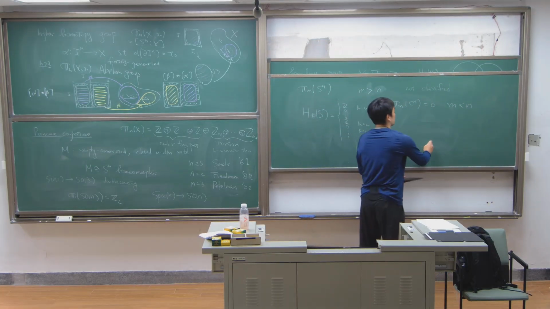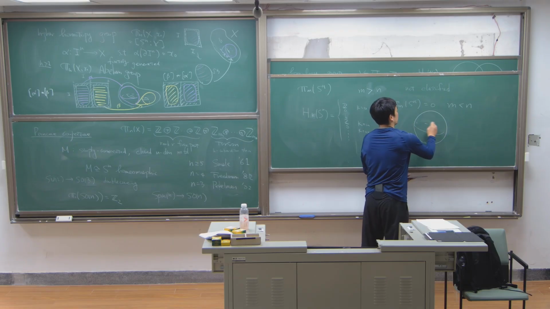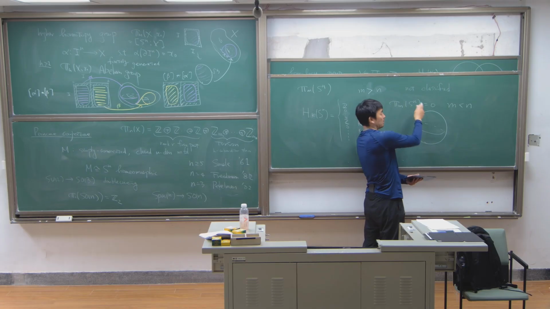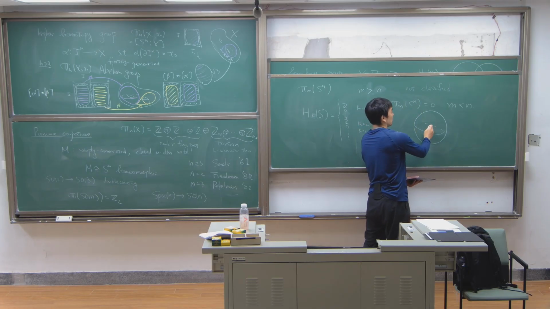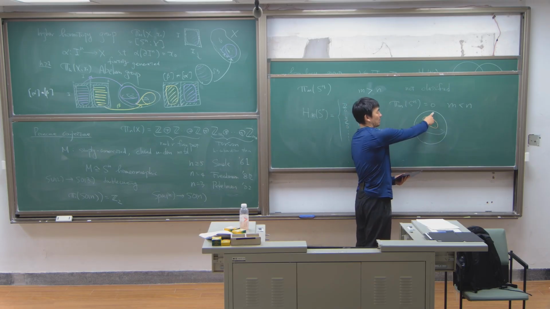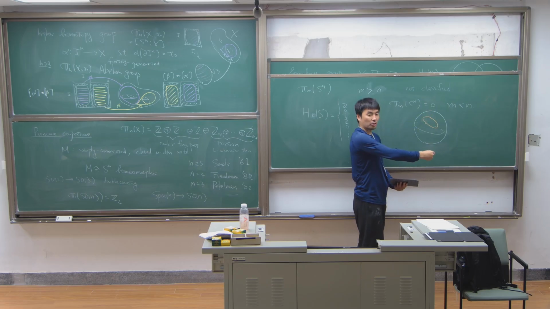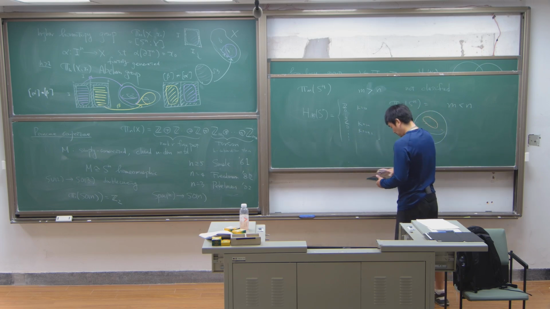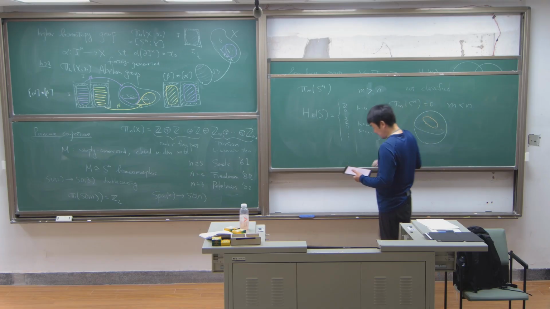If you have an n-dimensional sphere, and m is smaller than n, then if you get rid of a point, it becomes contractible and everything just shrinks to a point. Therefore, this is trivial. So it's the trivial abelian group.